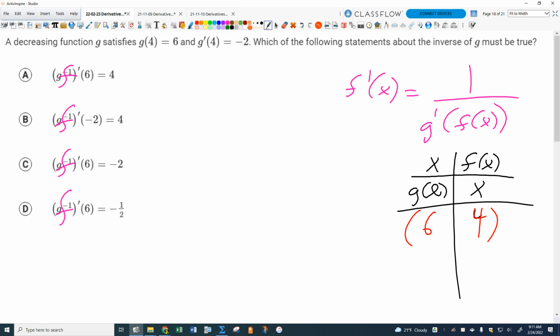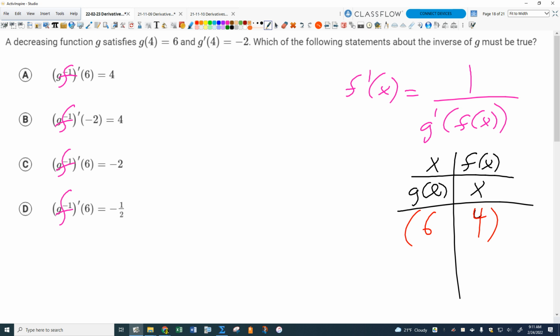So what does the inverse on the bottom need to be? I said that backwards. Yeah, never mind. I was looking at the question wrong.